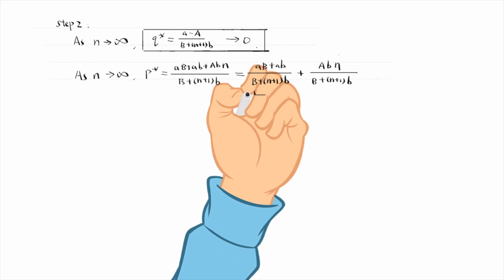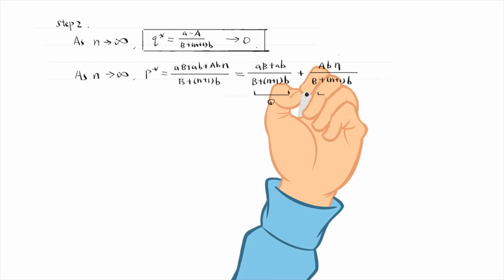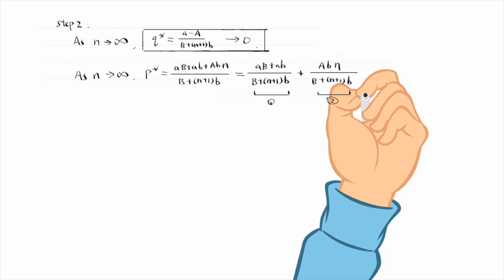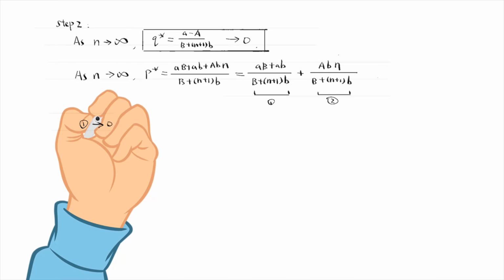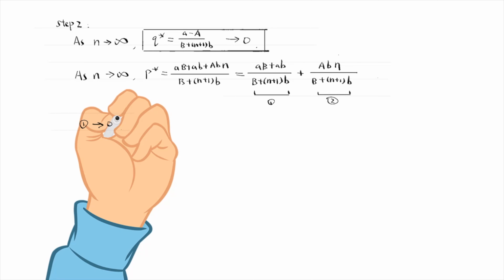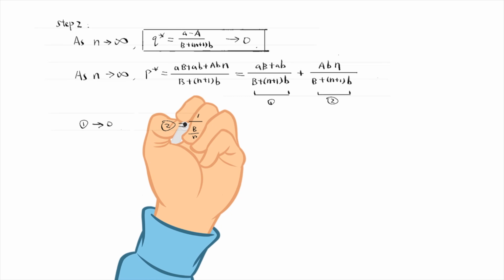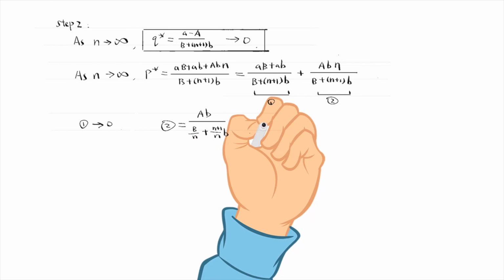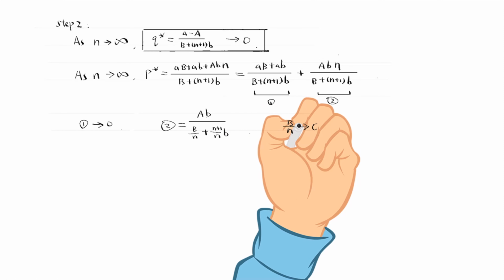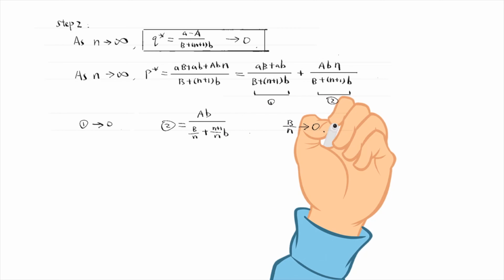We can divide P star into two terms. The first term approaches 0. For the second term, we focus on its denominator. There are two parts. The first part approaches 0 as n goes to infinity.